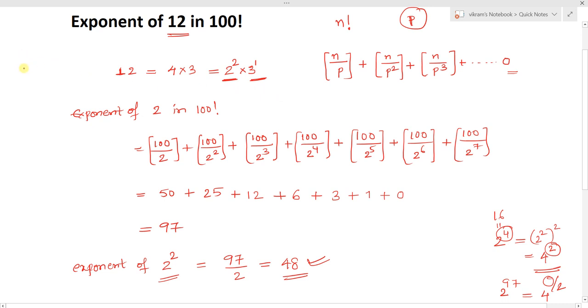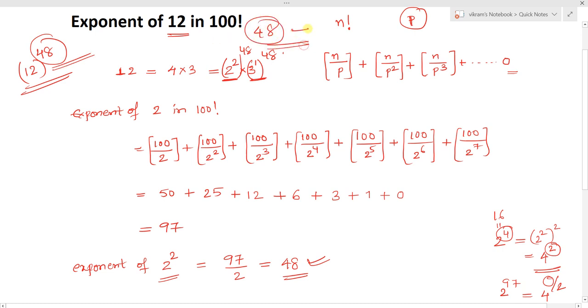So the exponent of 12 in 100 factorial is 12 power 48, that is, 2 square power 48 and 3 power 48. Then the exponent of 12 in 100 factorial, the answer, is 48.